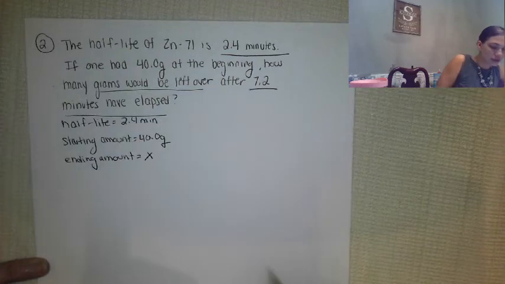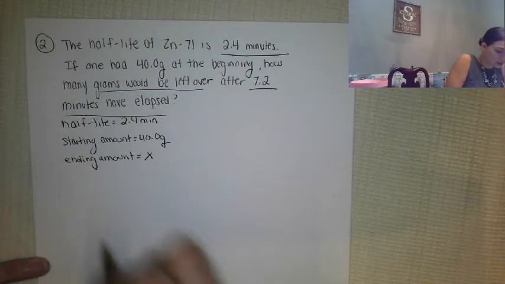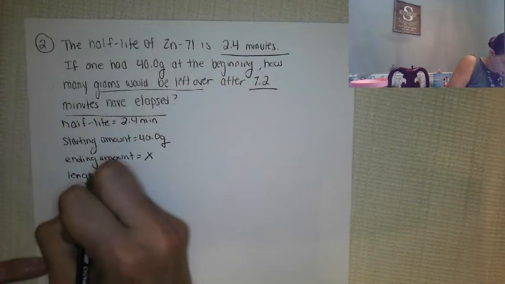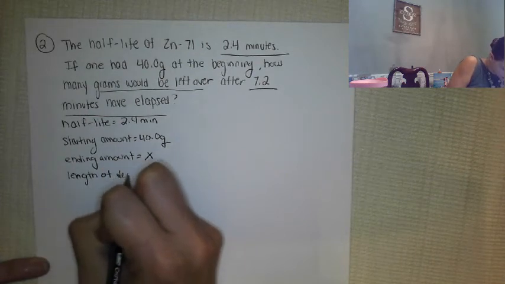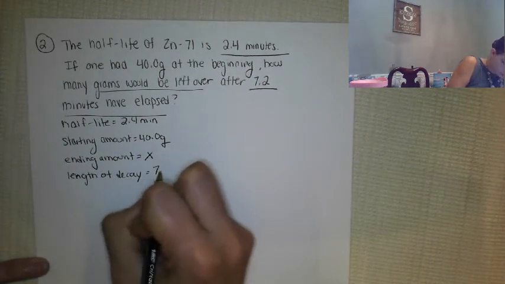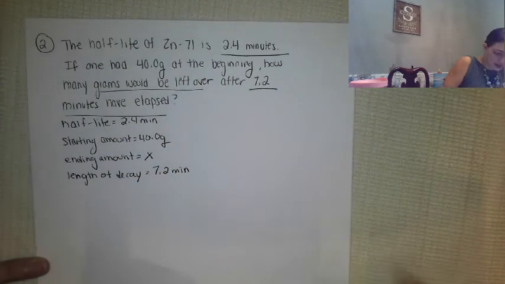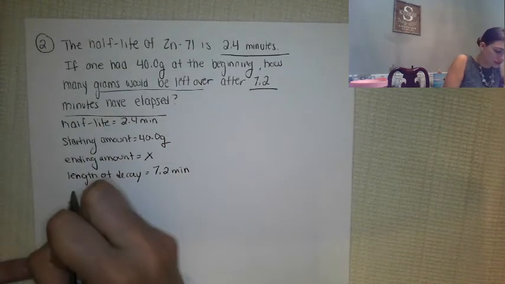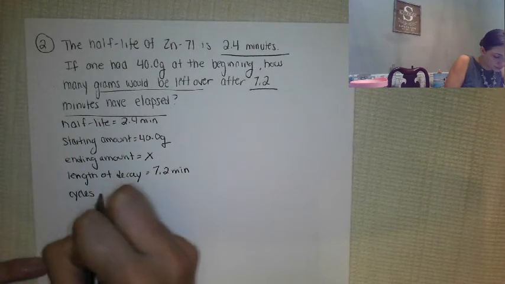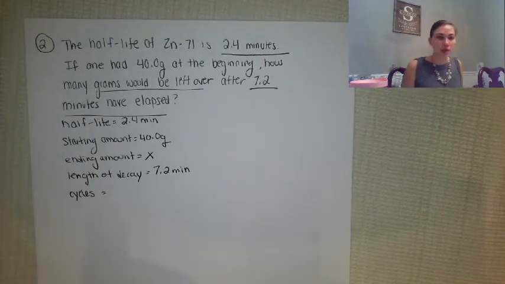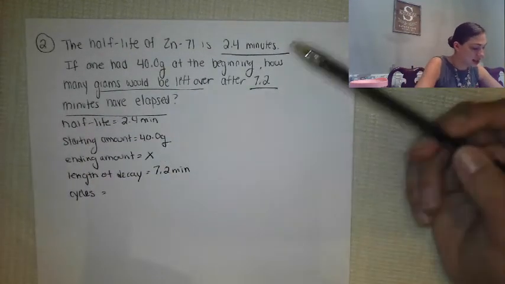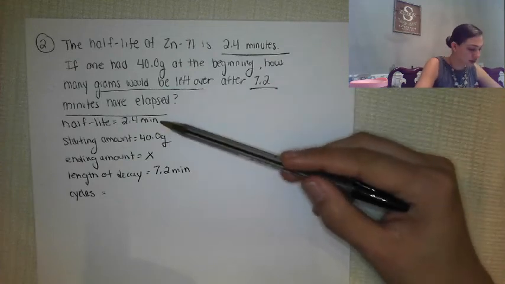So 7.2 minutes is the length of the decay. And the last thing that we need to know is the number of cycles. Since the ending amount is the unknown, we have to start with our time.